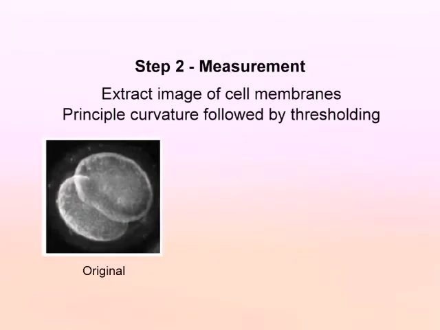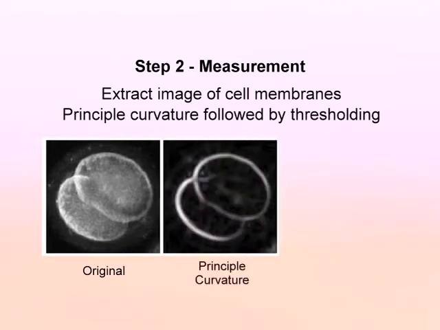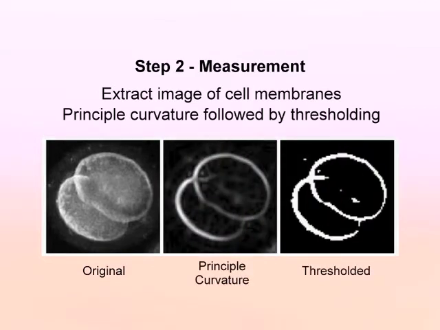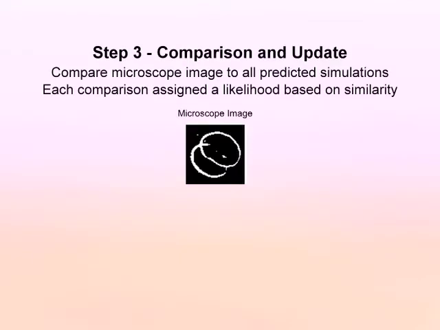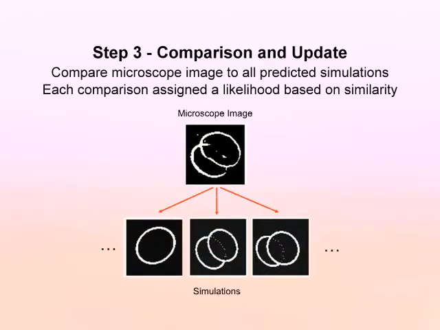For the measurement step, the cell membranes are extracted and the principal curvature lines obtained and thresholded for each image. Finally, in the third step, each microscope image is compared to all predicted simulations, and each comparison is assigned a likelihood based on similarity to achieve the best fit model for cell tracking.